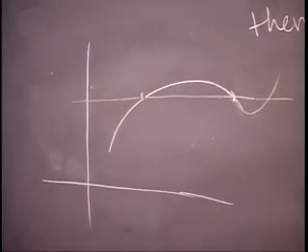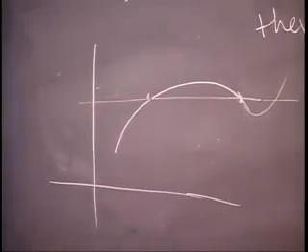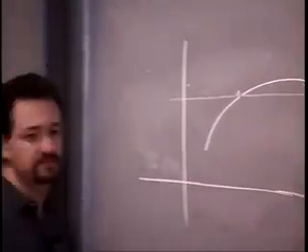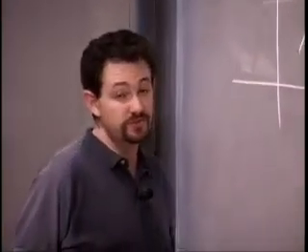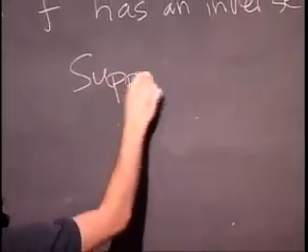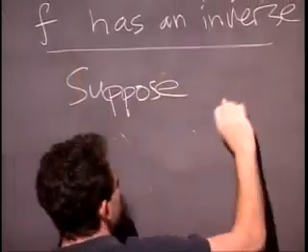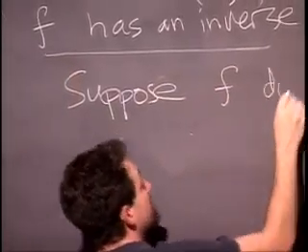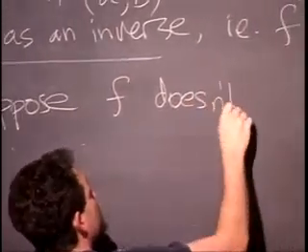Okay. So how do we prove this? How do we prove that this is true? I'm going to use Rolle's theorem, and I'm going to argue by contradiction. Suppose, so here's the justification of that statement. Suppose f does not have an inverse, or does not satisfy the horizontal line test.